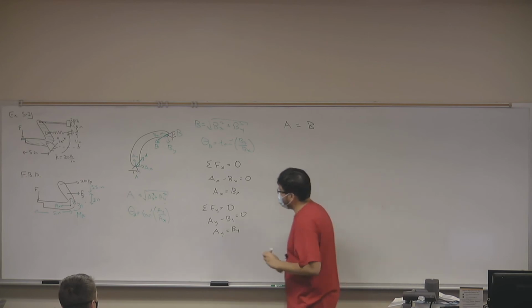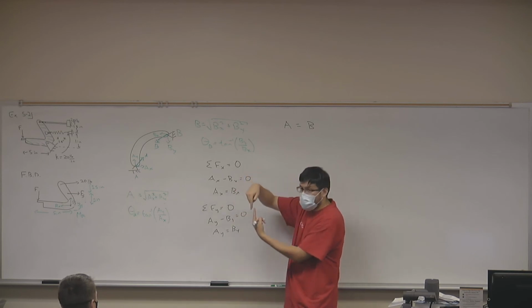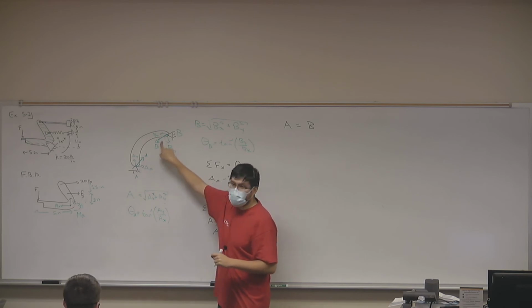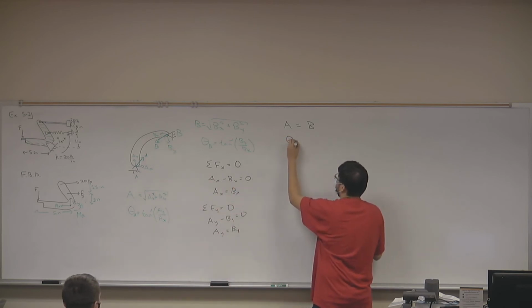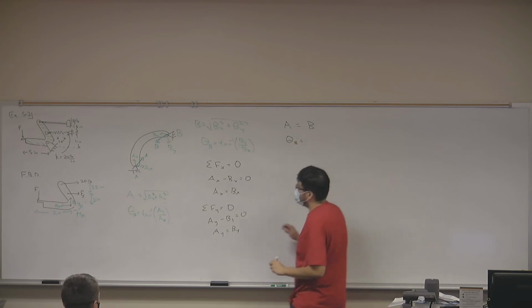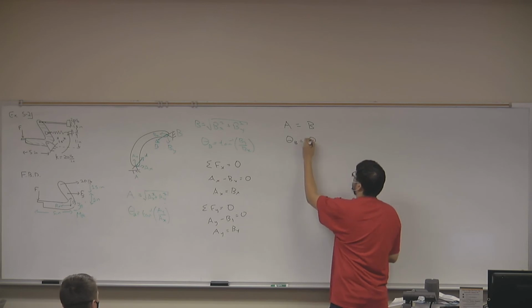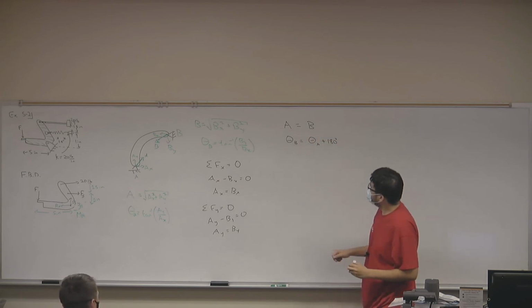And if you look at the directions, notice that AX is simply in the opposite x direction of B. AY is in the opposite y direction of B, which means that my resultant will be in the opposite direction. So angle B will be equal to angle A plus 180 degrees. So what does this tell me?